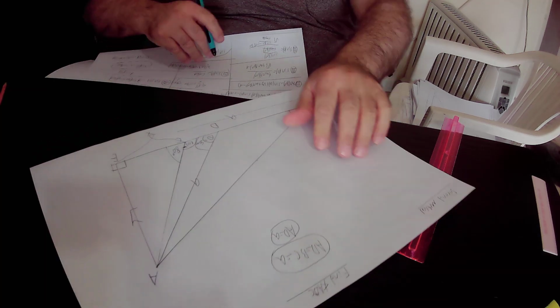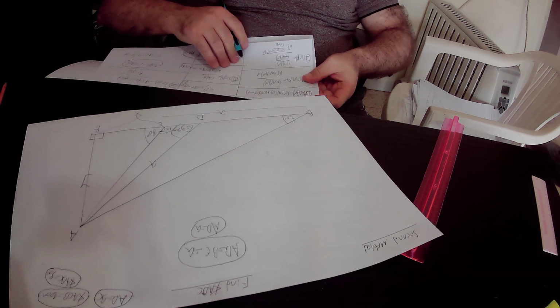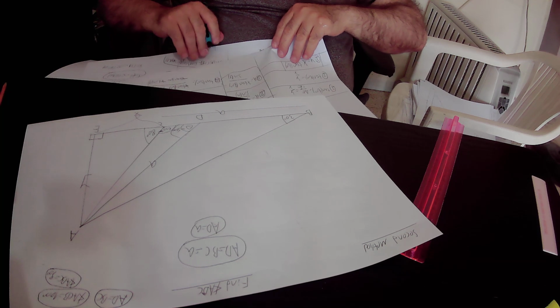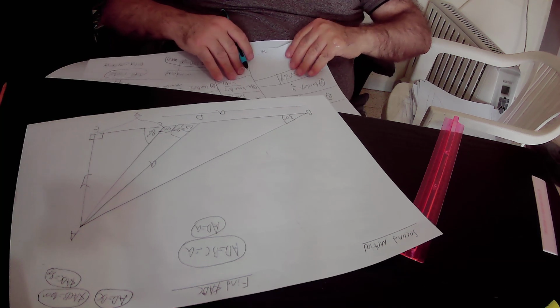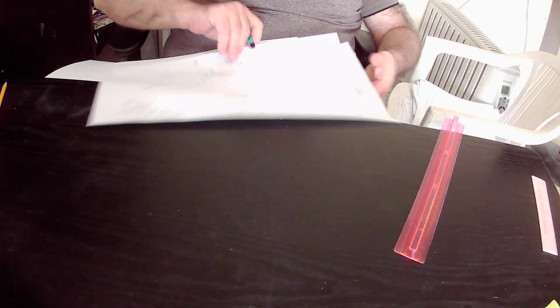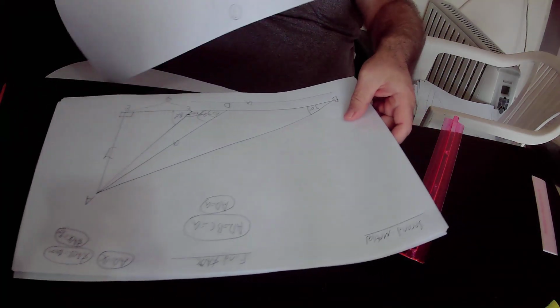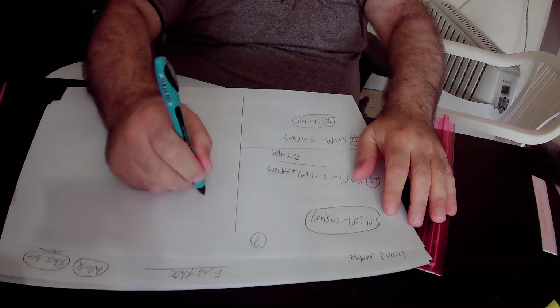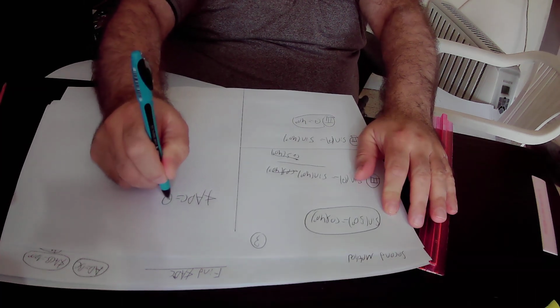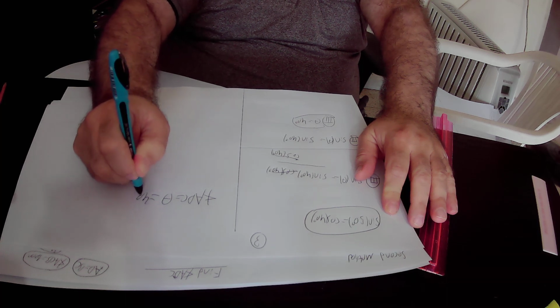So we actually found out that the angle that we are looking for, that is angle ADC, equals to theta. Angle ADC that equals to theta equals to 40 degrees.